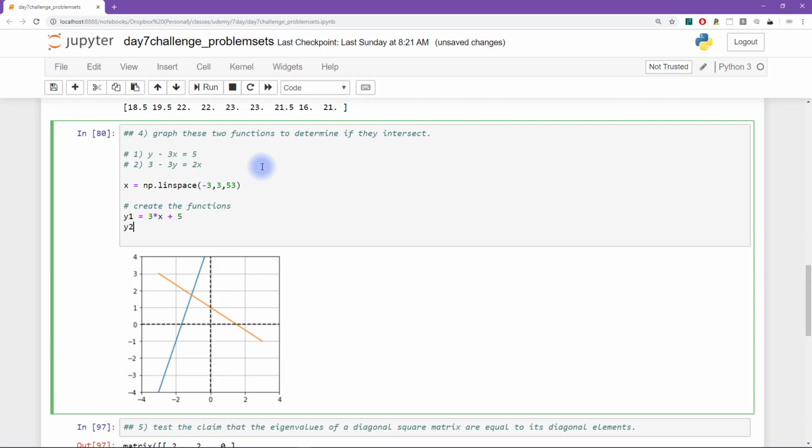Then the second one, y2 equals, now this one is a little bit more involved. So let's start with this. So we still have the 2 times x. That part's pretty straightforward. Then we have to subtract 3 from both sides, so we get -3. But now we actually have -3y on the left, and we just want y and nothing else on the left side of the equation.